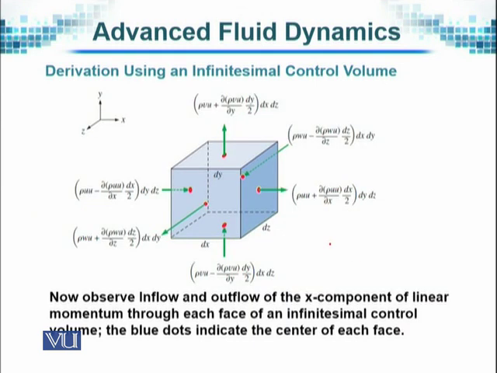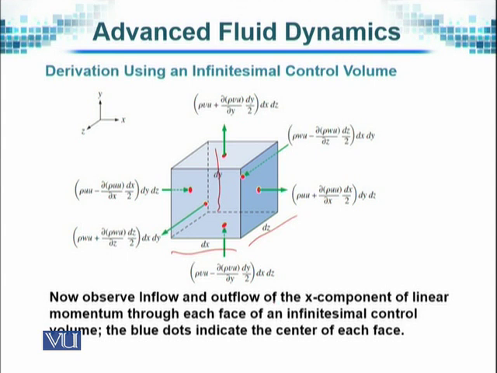Now, this is the control volume that we are considering, in the x, y, z directions, and the contributions of the velocity to the linear approximation are as you can see here. They are the values from all the faces of this cube.